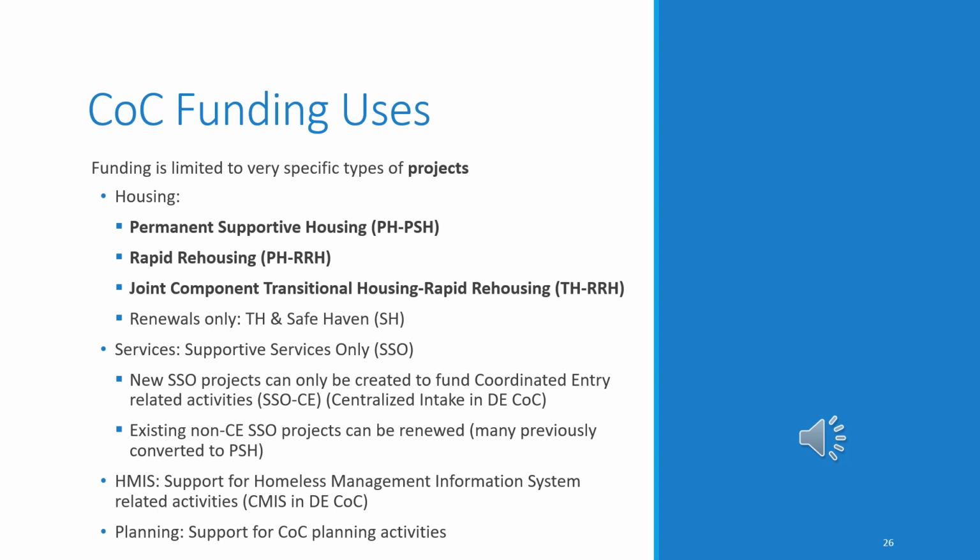CoCs can also use the HMIS project type to support homeless management information system related activities. Additionally, CoCs are given a planning project to support CoC planning activities. The planning grant amount is a predetermined portion of the overall CoC funding and is set at 3%, which is also capped at $1.25 million for CoCs where the 3% would exceed that amount.